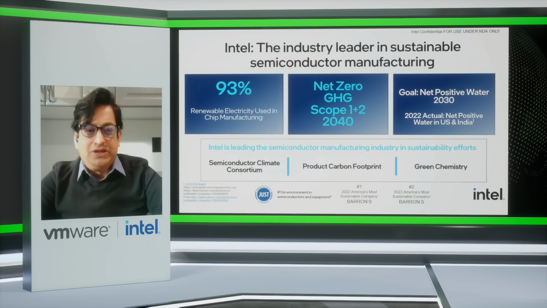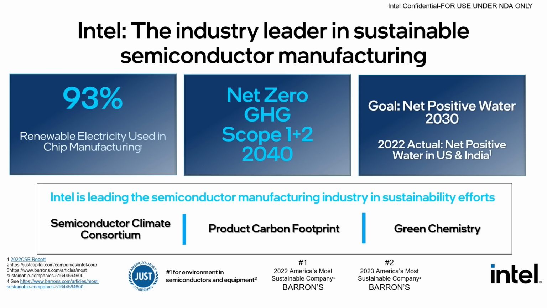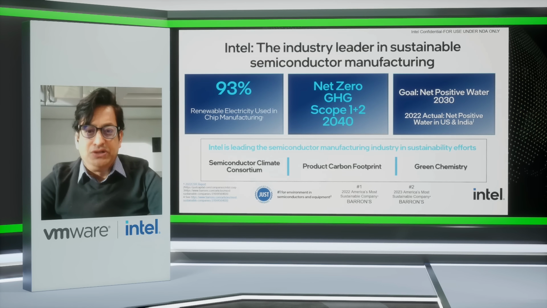And some of the commitments that we have made today, 93% of the electricity that we use to make our products, this is all renewable. We have made commitments to get to net zero emissions, both Scope 1 and Scope 2 by 2040. And we want to get net positive with water consumption. As you know, much of our manufacturing uses tons of water.